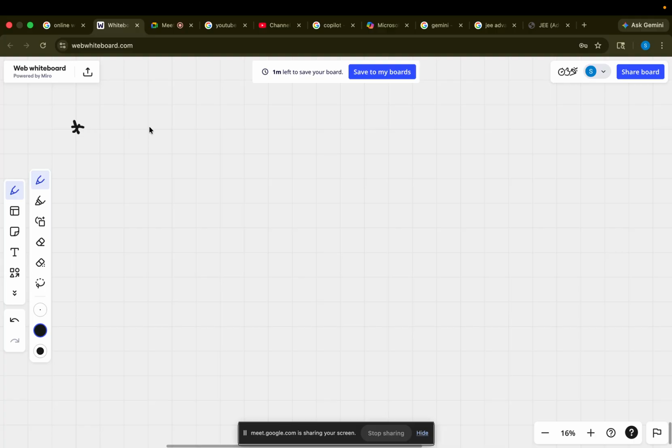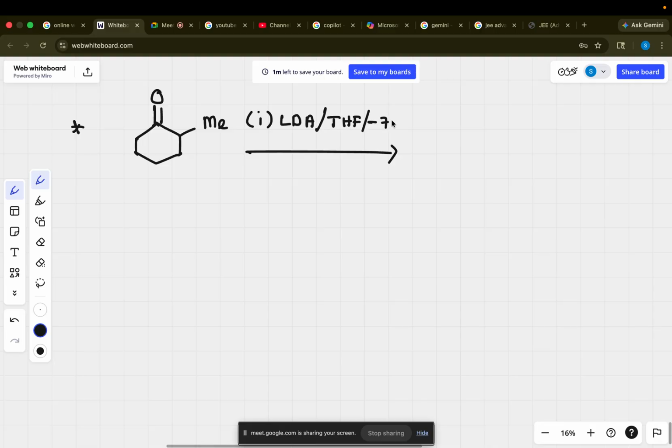Okay, now suppose you have this thing you guys try to do. So here you have double bond O, here you have methyl. Then here I am giving LDA, THF, minus 78 degree centigrade.